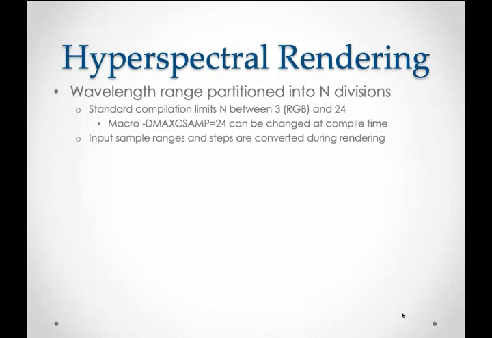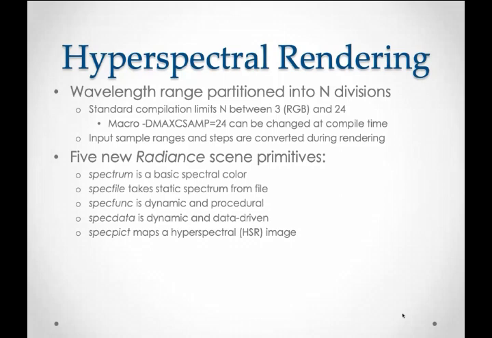But if you need it, you can do it. I did a bunch of tests myself with 81 samples. It runs fine. The input sample ranges and steps are converted during rendering. So whatever input you give it, it will convert it to the spectral sampling that you've told it to use.